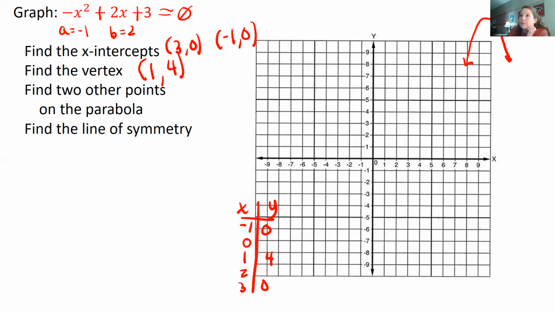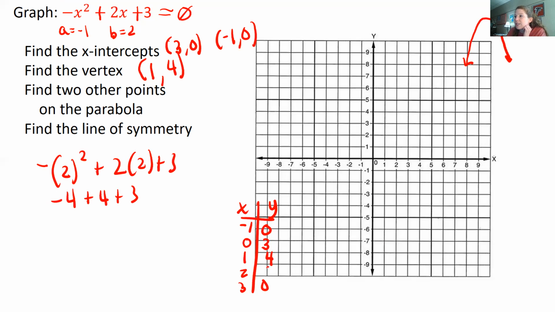So when I plug in 0, 0 squared is 0, 2 times 0 is 0, and 0 plus 3 is positive 3. And then when x is 2, it's going to be the opposite of 2 squared, which is negative 4, plus 2 times 2, which is 4, so that's 0, and 0 plus 3 is 3.